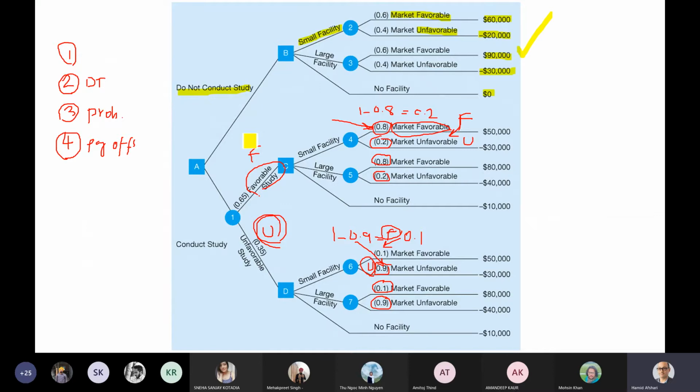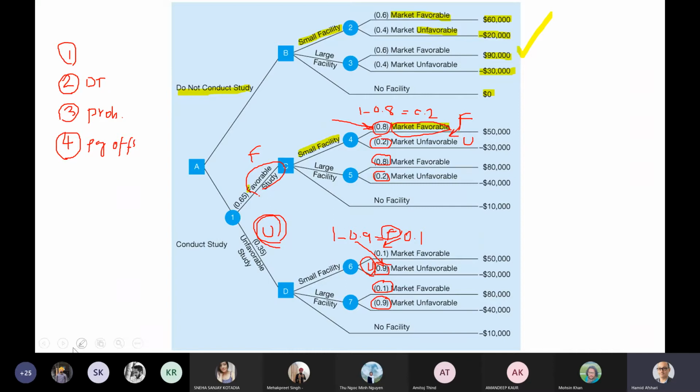When it comes to performing a pilot study, I should be a little bit more careful. So what should I do in this case? All the options that I have above are going to help me make a decision and estimate the payoffs for the rest of it. So if I perform a pilot study and it's small, how much is the payoff of a favorable market?